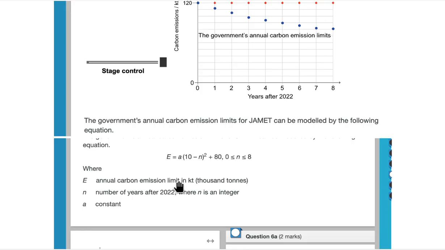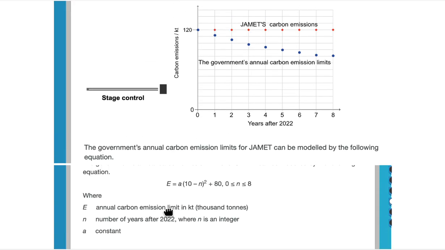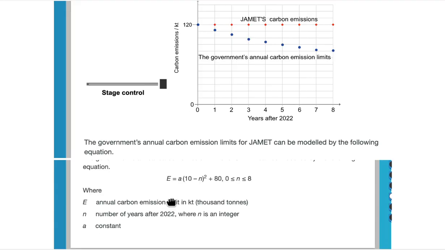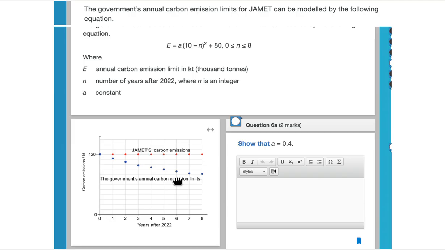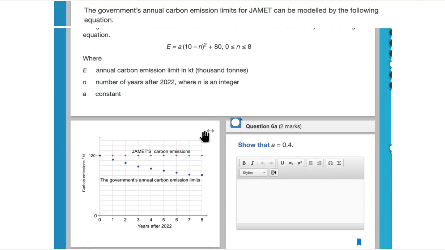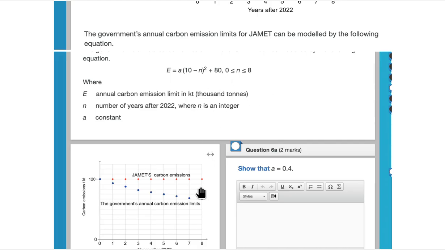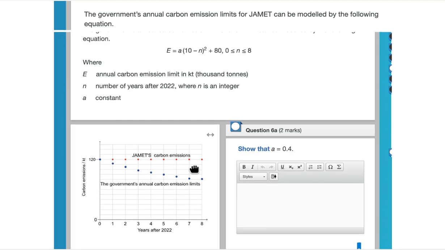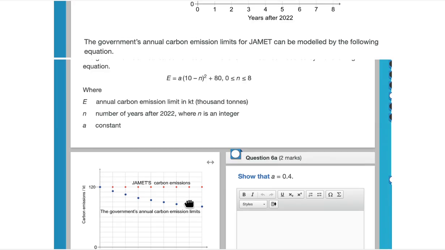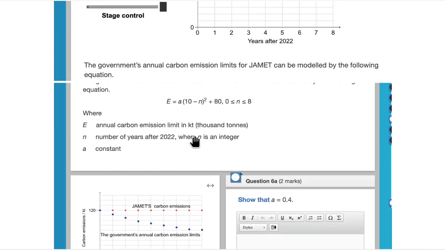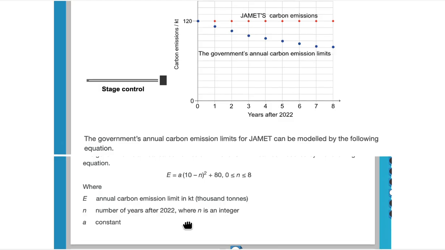Okay, so how do we solve this part? Show that A equals 0.4. Look, this is the mathematical model which has been given for the equation. So by default, have a look. The value of n is the number of years after 2022, right?